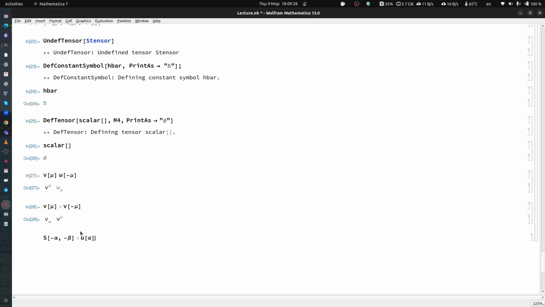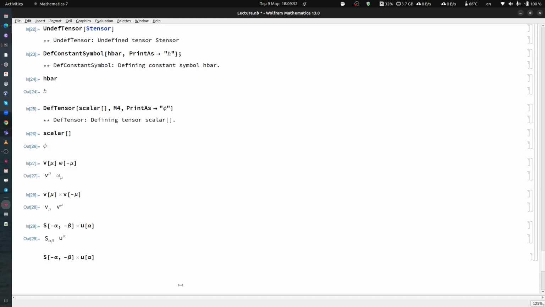And this is another expression where we contract the first index of the tensor S with the index of the vector u, and we have a free index, the second index of S. Otherwise, if all those indices are different, then these are just tensor products.